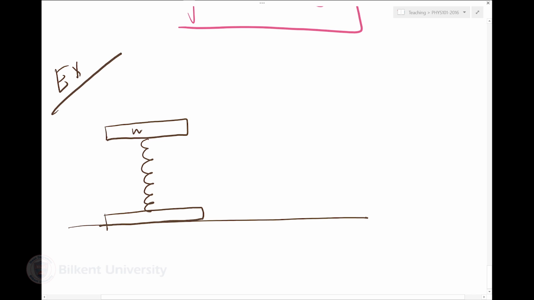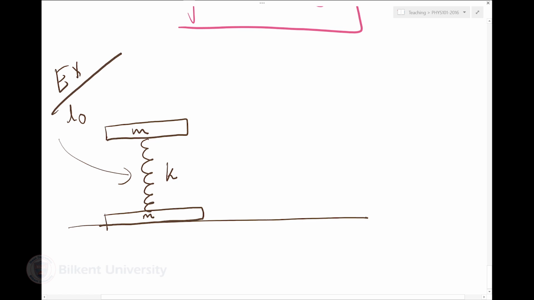There is this really simple toy, which is just basically two equal masses attached to each other by a spring of spring constant K. And let's say that the relaxed length of that spring is L0.